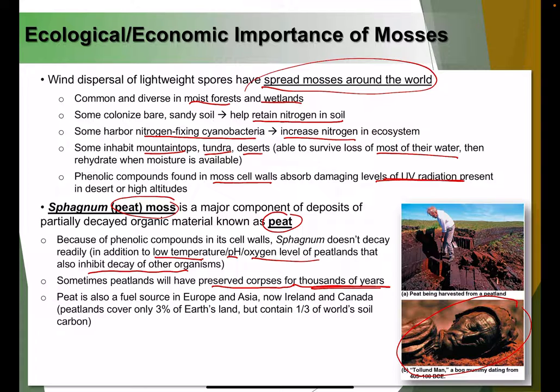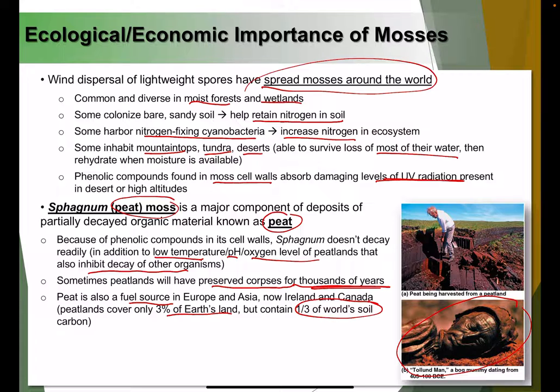Okay, so on top of that, peat is also a fuel source, for the longest time in Europe and Asia, and more recently in Ireland and Canada. Now, peatlands cover only about 3% of the Earth's land, but those 3% can contain a third of the world's soil carbon.